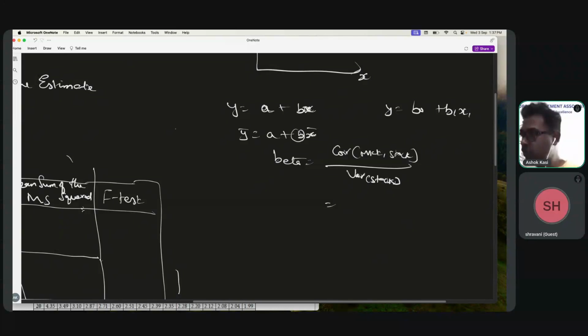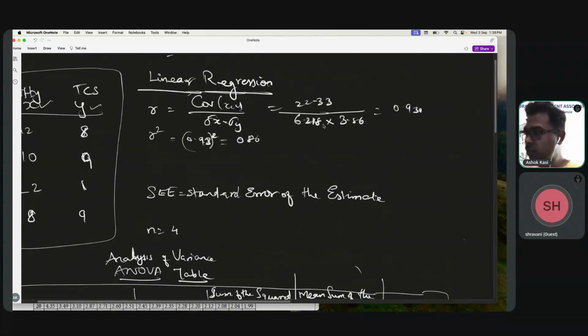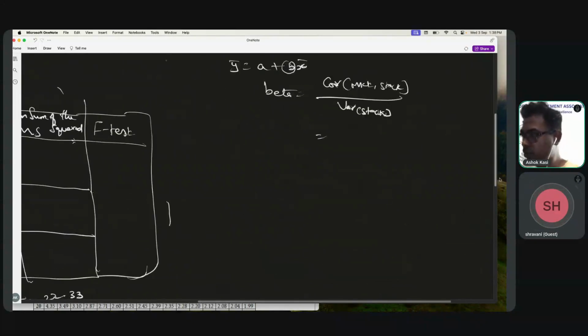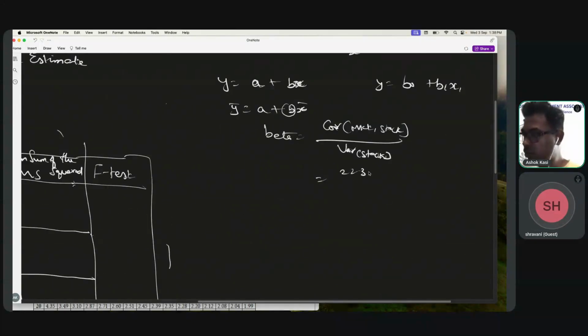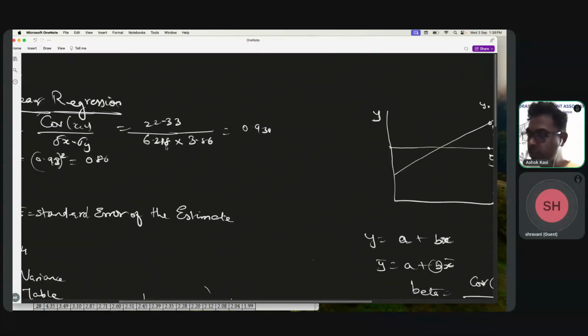The covariance of market and stock is 22.33, correct? Yes, 22.33. The variance of the market, market is X, right?